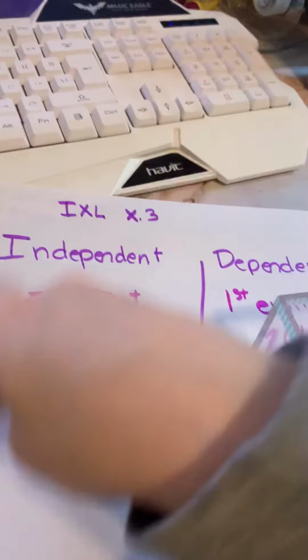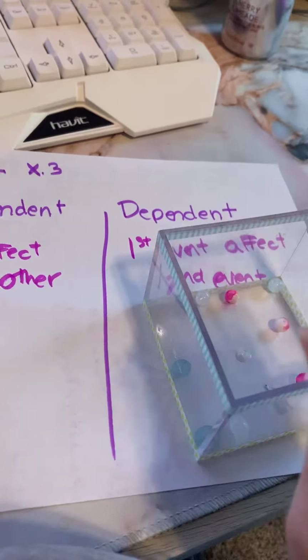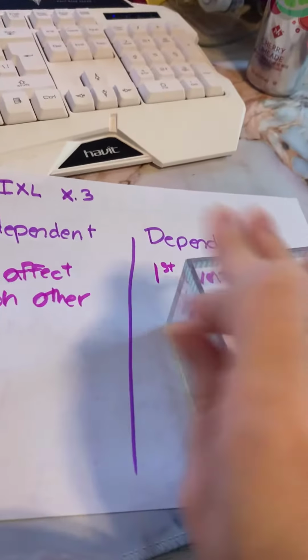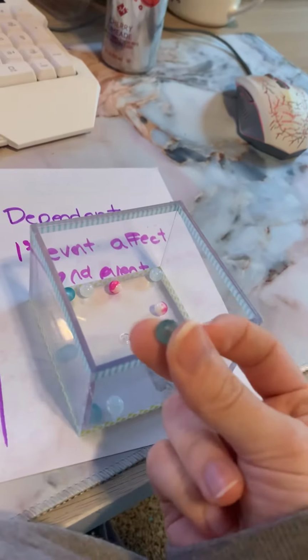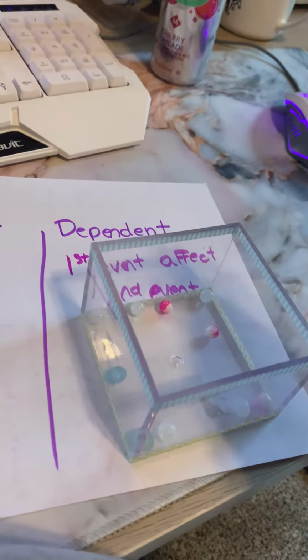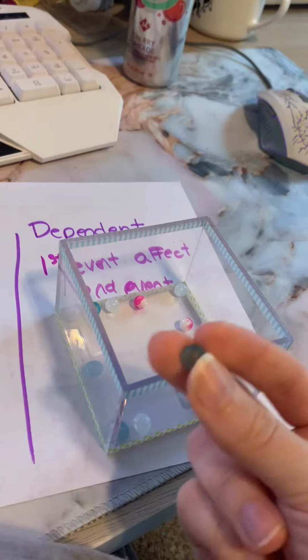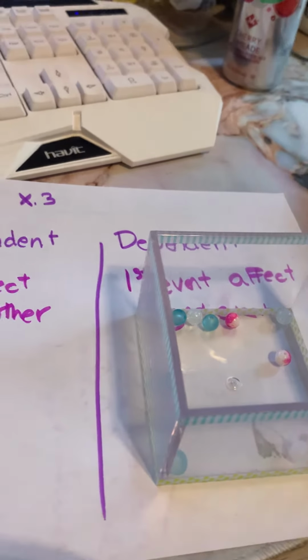There are 2 different answers, all because I took this bead and I didn't put it back in the box. So the first one, because I didn't put the bead back, changed the answer for the second one. That's all they're trying to decide. It's the first one changing the second one.